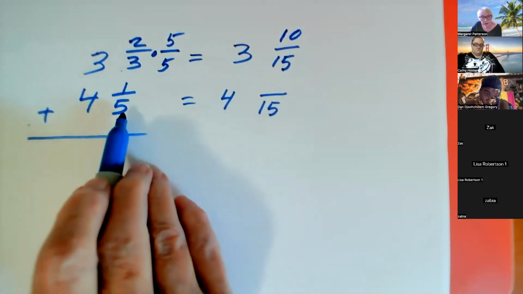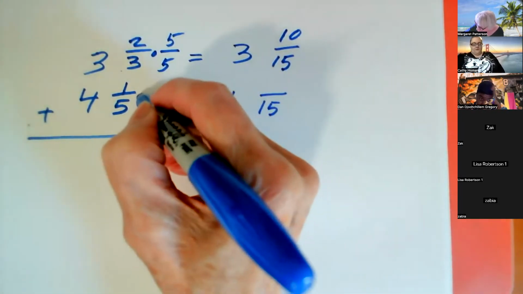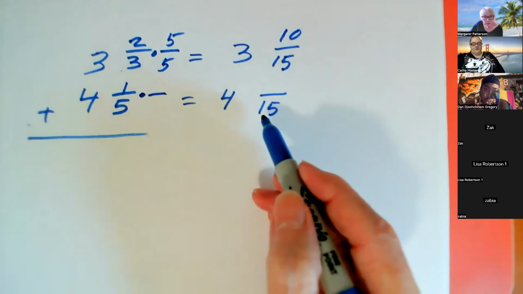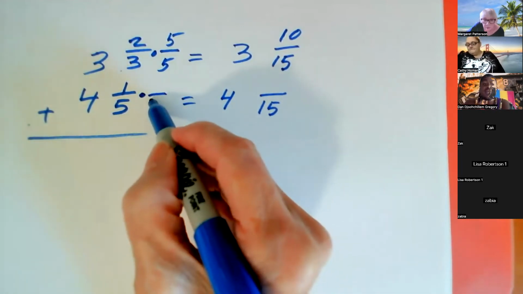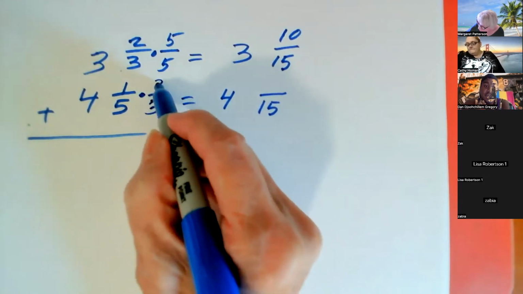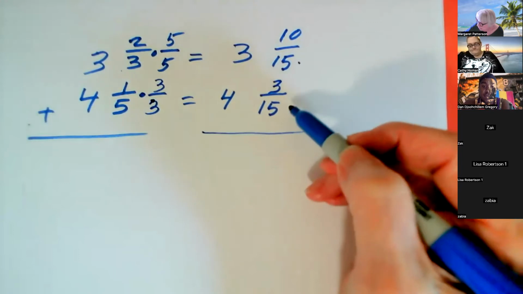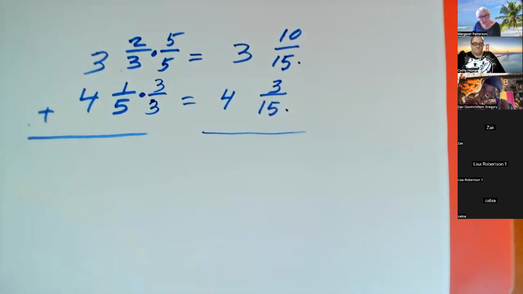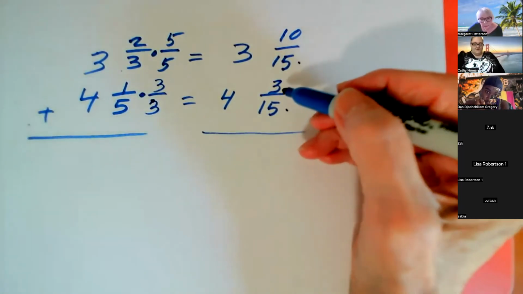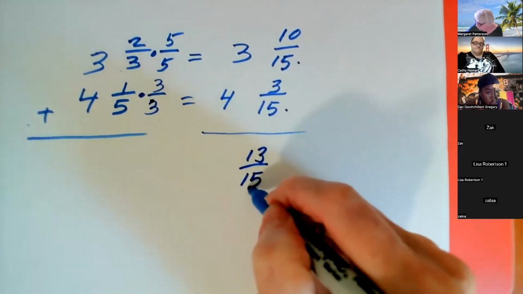The 1/5 is where the problem is. 5 times what makes 15? 3. 1 times 3 is 3. I am ready to roll. So 10 and 3 make 13 out of 15.